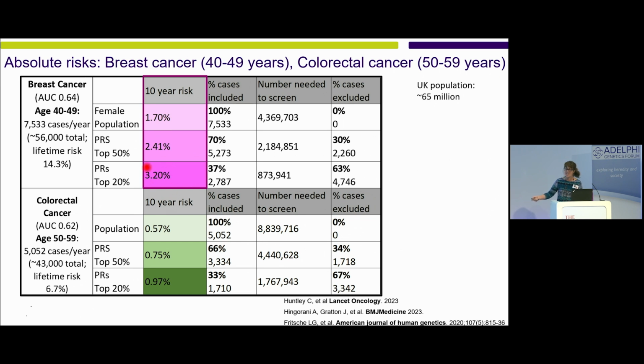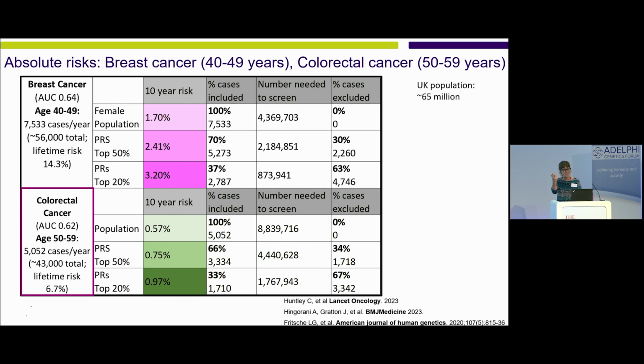Even if you concentrate your efforts and just do the top 20% on the polygenic risk score, efficient use of resources, their 10-year risk is only 3.2%. It's still quite a modest risk, even in that high-risk quintile. You've gone from 4.3 million people in that age group down to only 870,000 you include, but you also lose 63% of the cancers, so you're only targeting 37%. So again, the maths are challenging when your absolute risks are low.